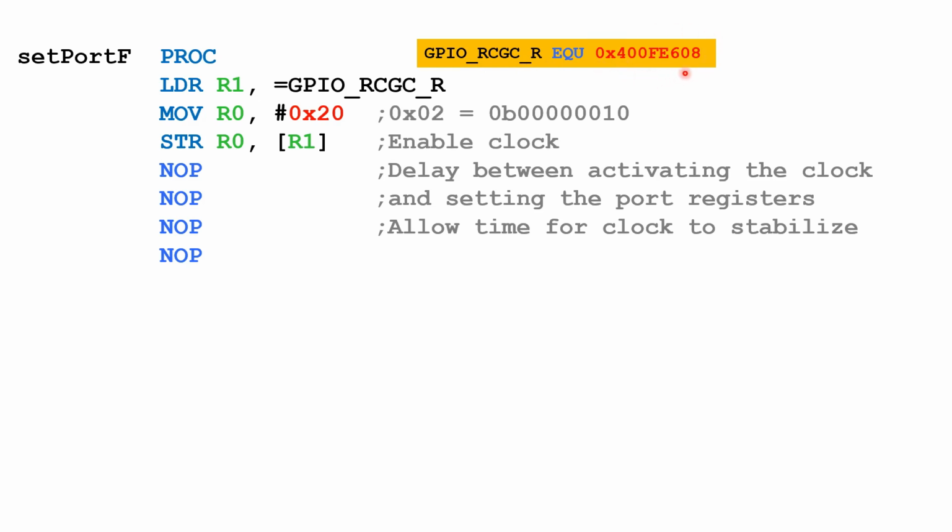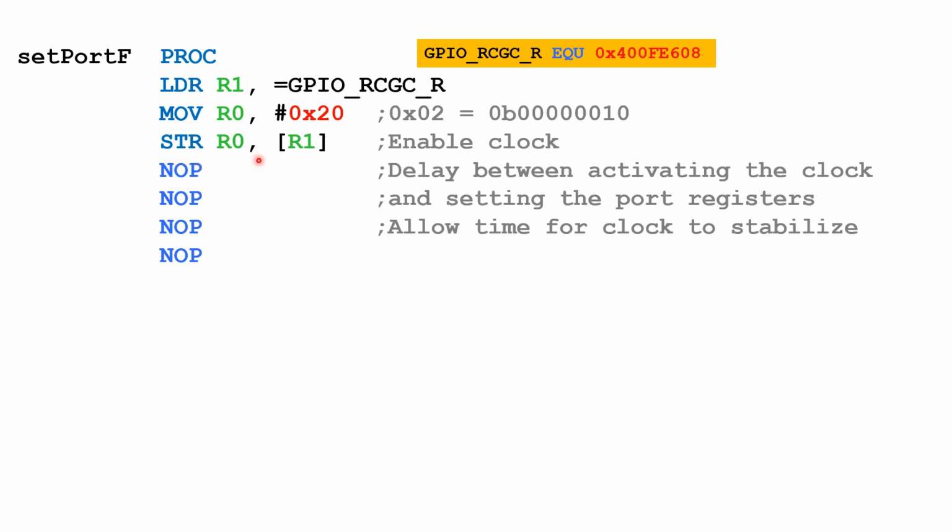400FE608. That's a hex value, that's an address. So you copy that into R1, and then the second instruction, MOV, copies the value 20 hex into R0. And then the third instruction, STR, is the store instruction.